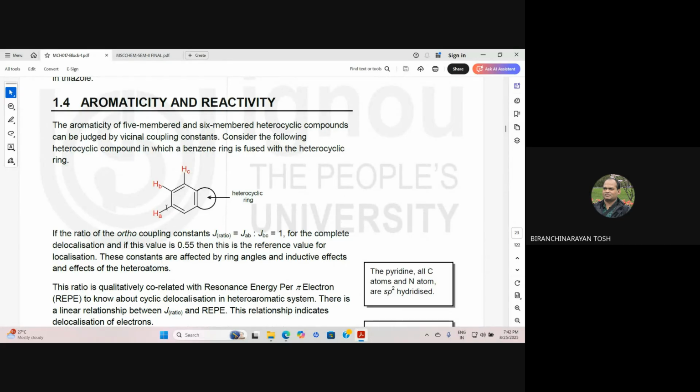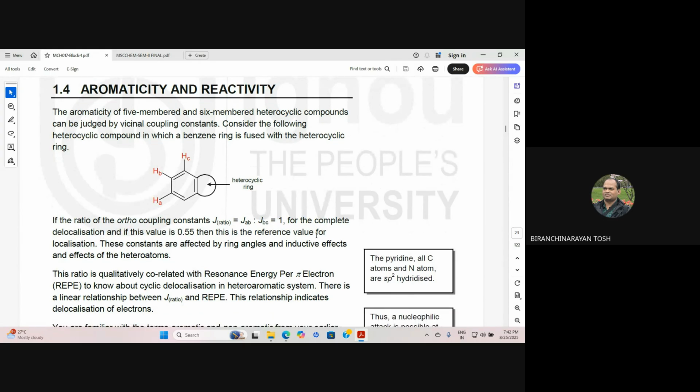This is also meta. So if the ratio of ortho coupling constants, J AB to J BC, is 1, that is for complete delocalization, and if this value is 0.5, then this is the reference value of localization.